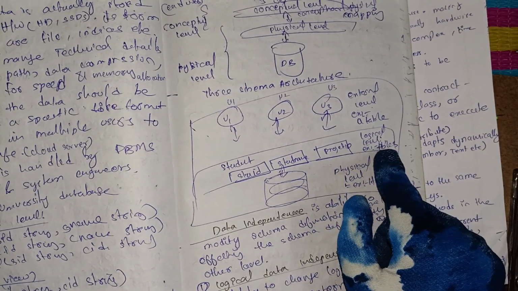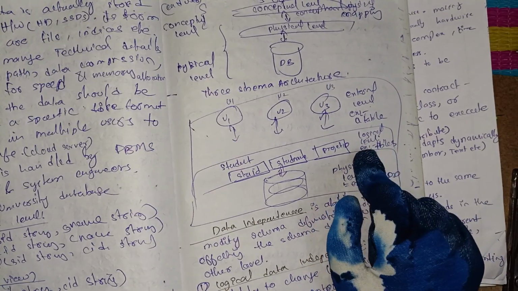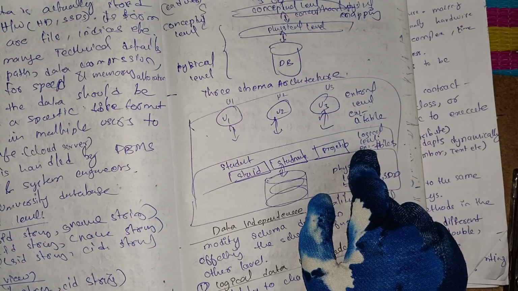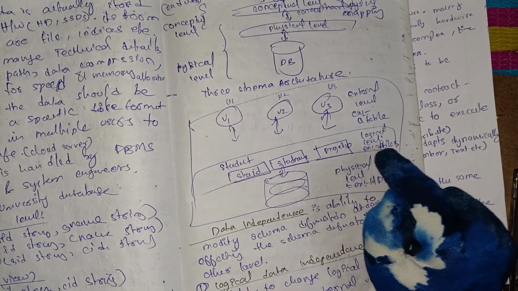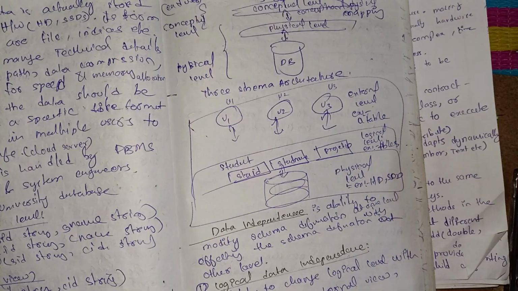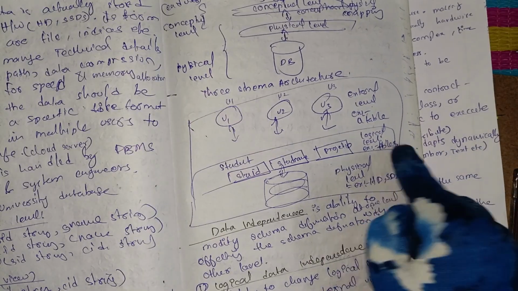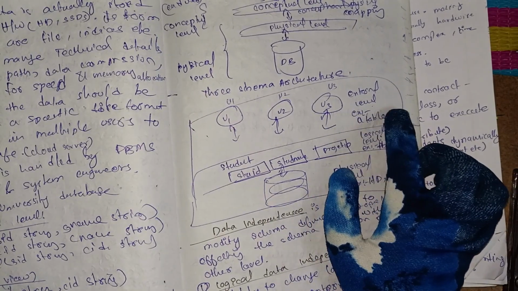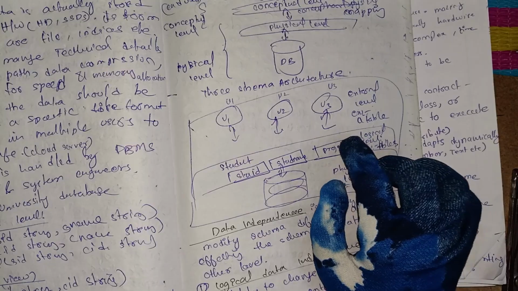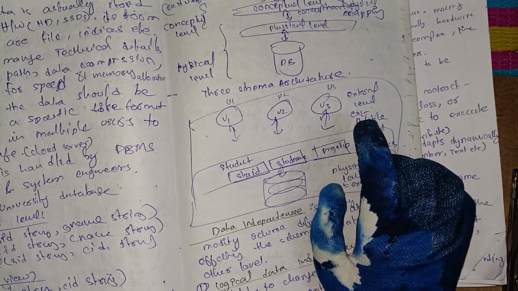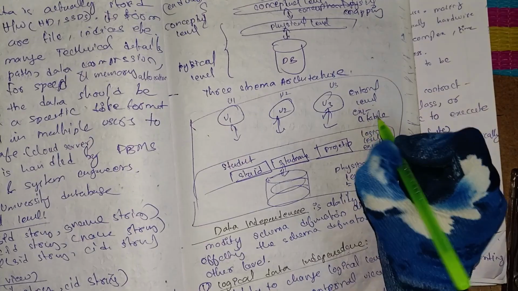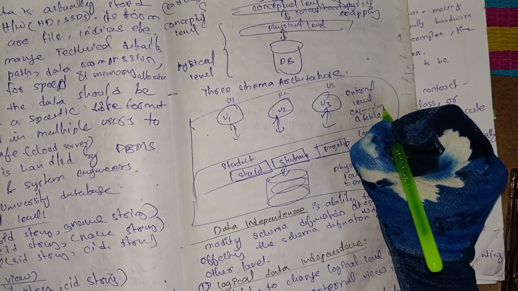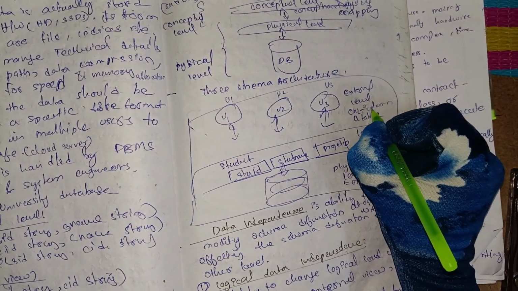This is the logical level, meaning how the data is related, for example a table. And the external level is a table, or we can say a column also.